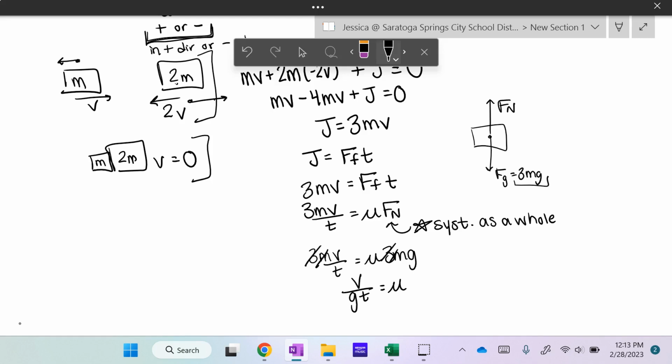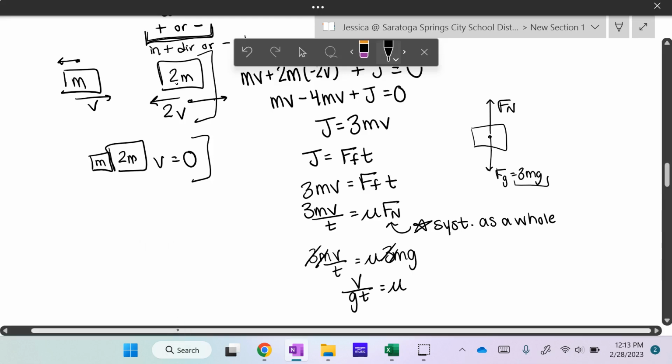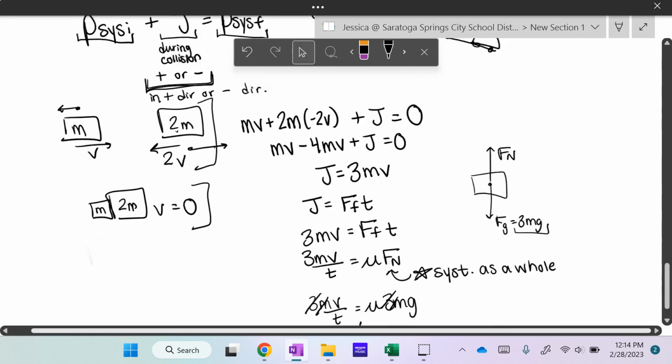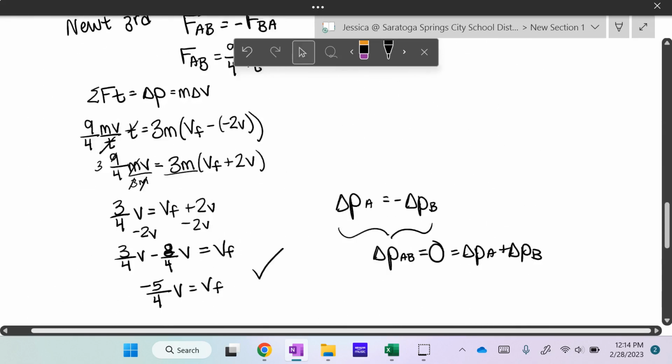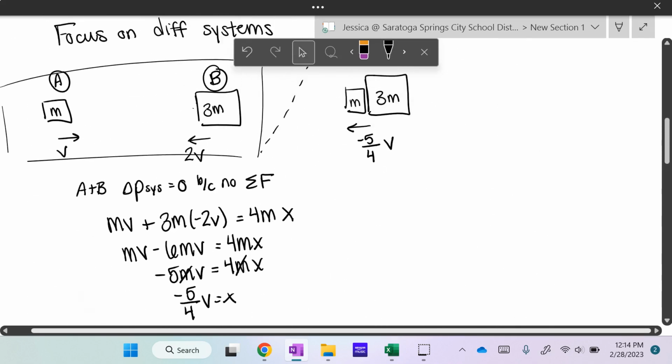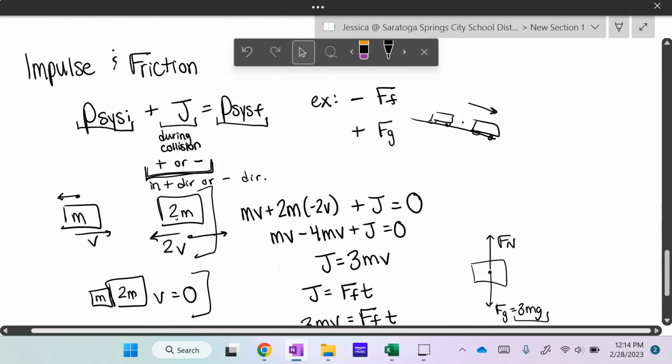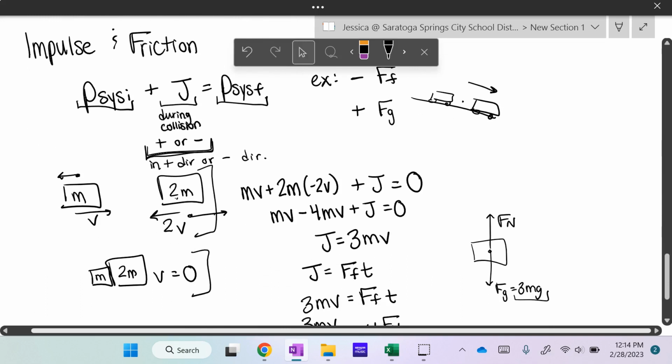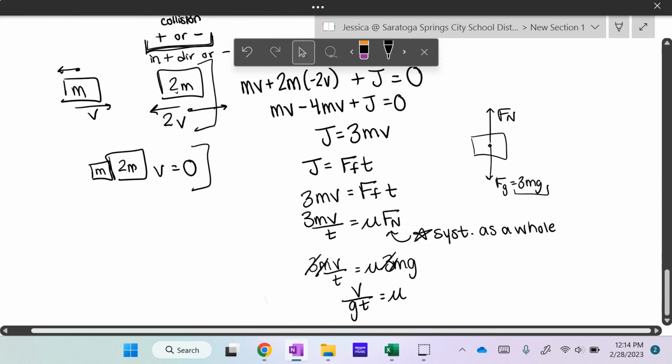What's also important to keep in mind is how impulse can affect the speed of the center of mass. Because remember, in a collision where momentum is conserved, the center of mass speed remains the same. But in a collision like this, where we have something like friction or a force of gravity acting external to the system, our velocity of the center of mass is not going to remain the same. It's going to change.